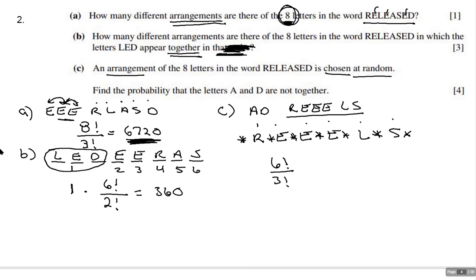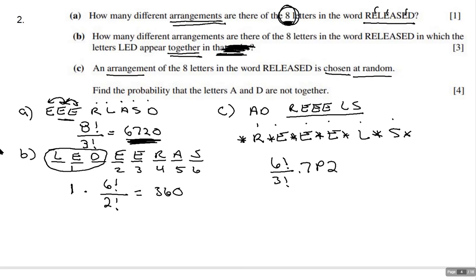Okay? Now, what I got to do now is arrange. I'm going to put AD. How many places could I have to choose from? How many places do I have? 1, 2, 3, 4, 5, 6, 7. There's 7 possible places, and I'm going to arrange them in 2 of them. So 7 P 2.